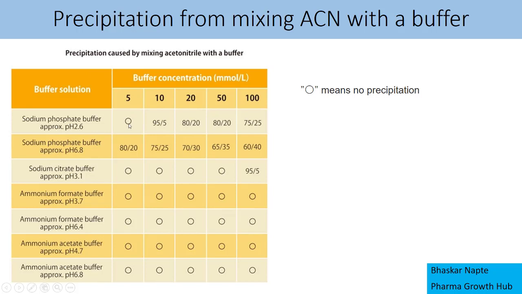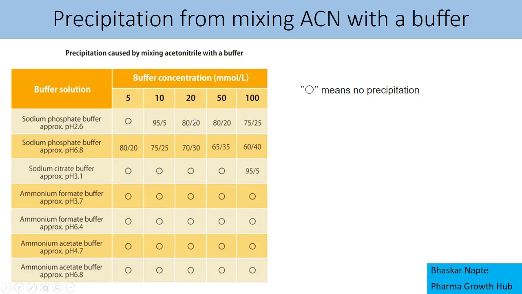So with the 5 millimolar solution of sodium phosphate buffer, you can use 100% ACN. That means there is no need for water to solubilize sodium phosphate buffer at a concentration of 5 millimolar. But at 10 millimolar concentration, you will see precipitation beyond 95% ACN.